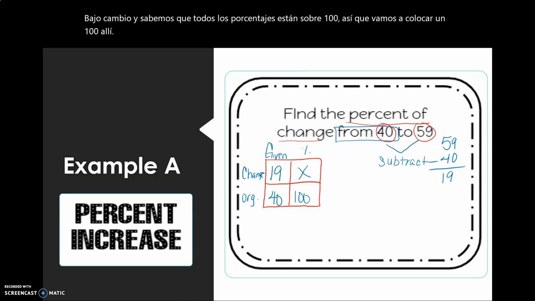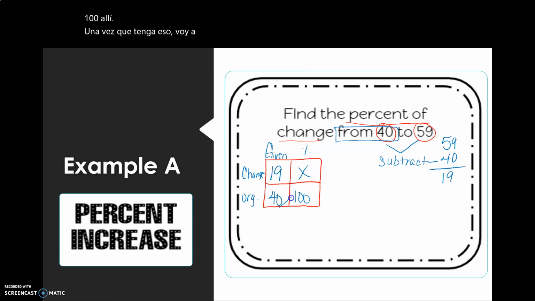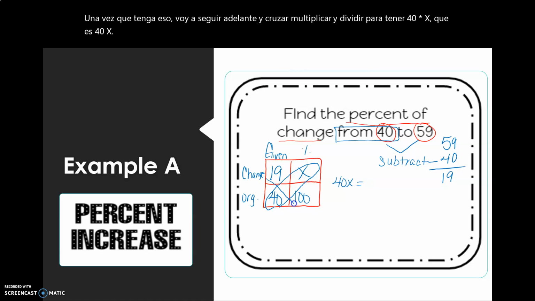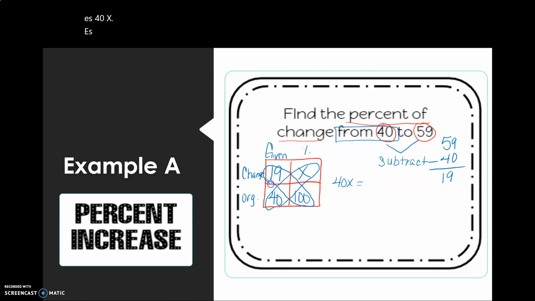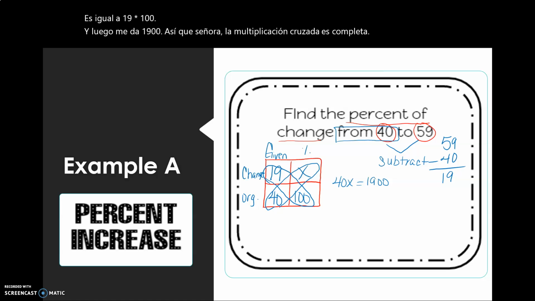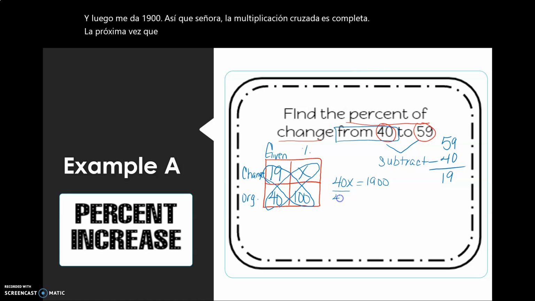Once I have that, I'm going to go ahead and cross multiply and divide. So now I have 40 times x, which is 40x, is equal to 19 times 100, and that gives me 1900. So my cross multiplication is complete. Next, I'm going to divide by my coefficient, which is 40.